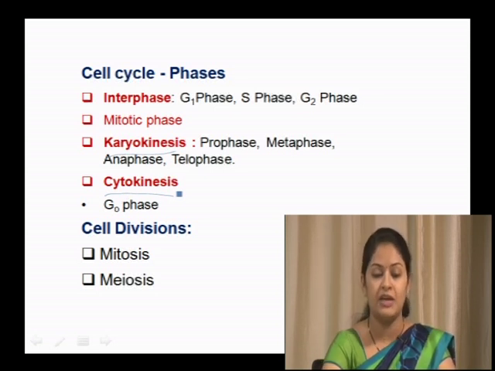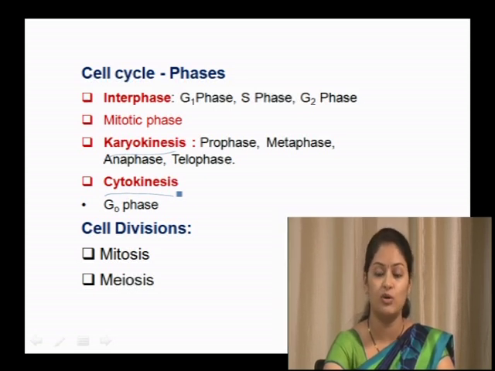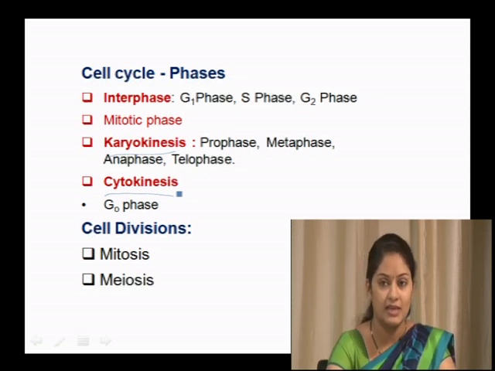At the end, we have a special stage referred to as the G0 phase. It is a special phase where the cell enters a non-dividing stage. So a non-dividing cell will always be in the G0 phase, but it does not indicate that it is inactive. These cells are metabolically active.